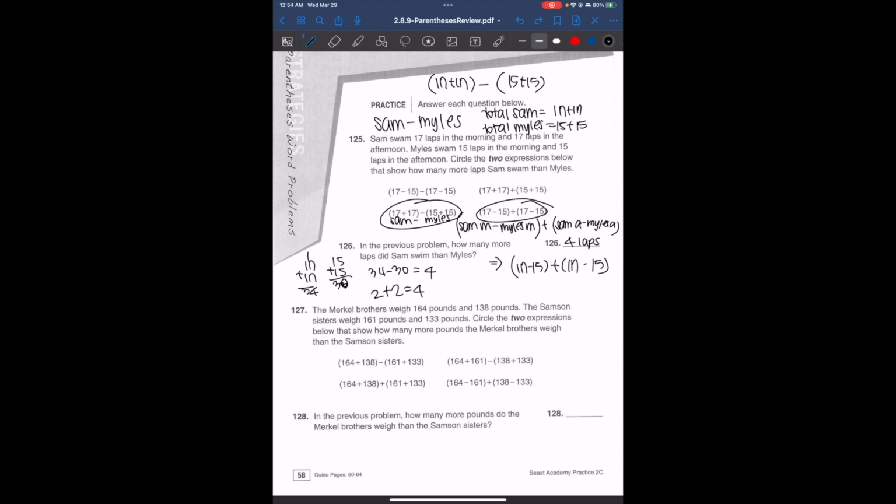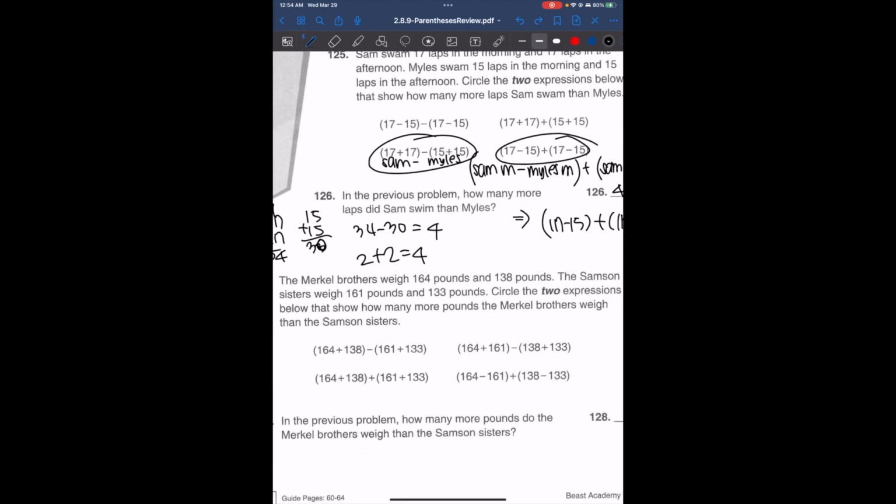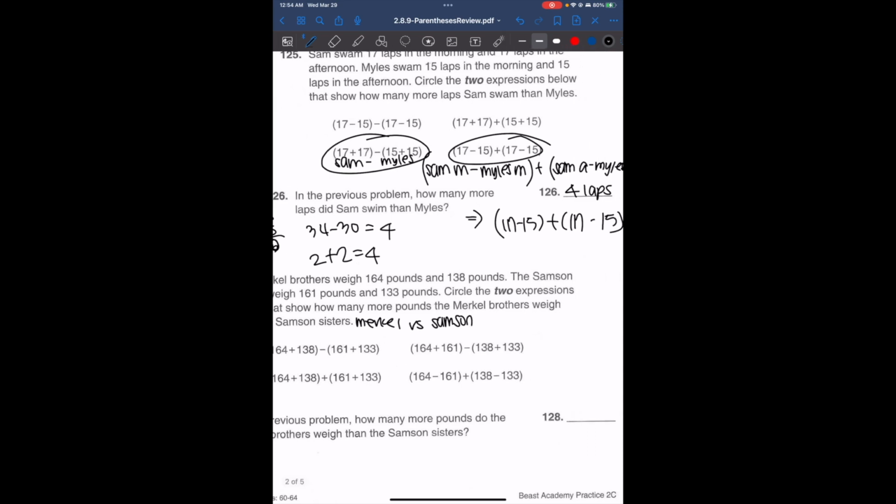Again, it's a similar type of problem, so we can group it into Merkle versus Sampson sisters. That would be total Merkle minus total Sampson. That's one way that we can do this.